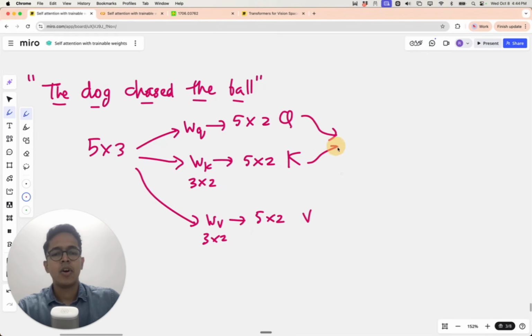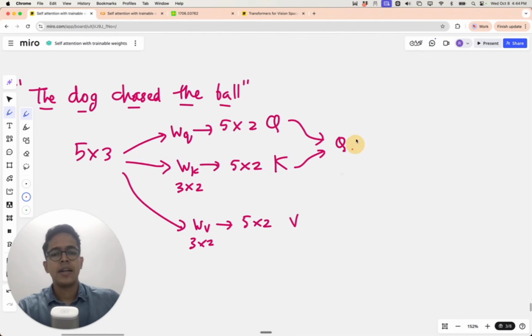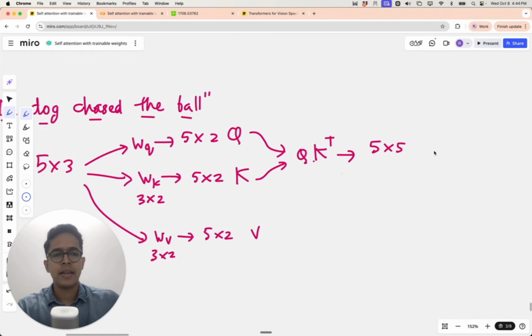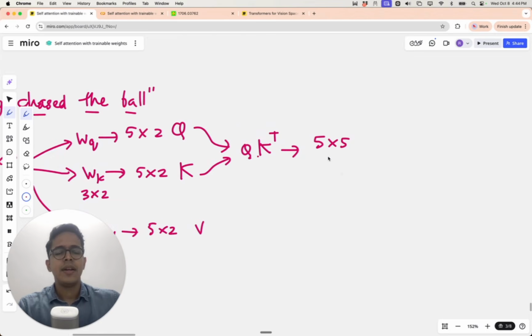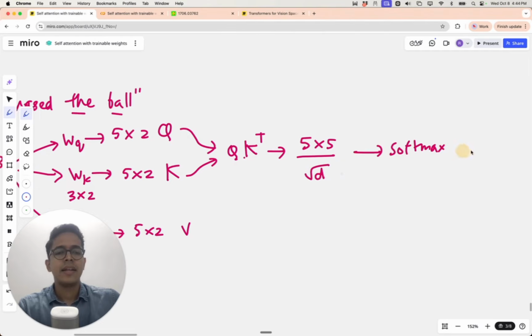Then you take the dot product such that Q dot key transpose will give you attention scores. So you will have a 5 by 5 matrix, 25 attention scores. Then you divide these attention scores by the square root of D, and then you pass them through softmax to get attention weights.